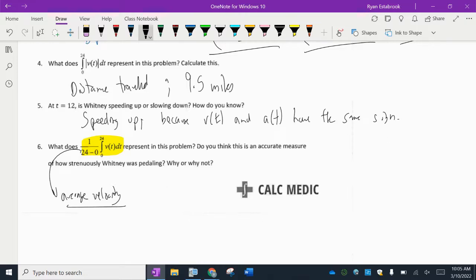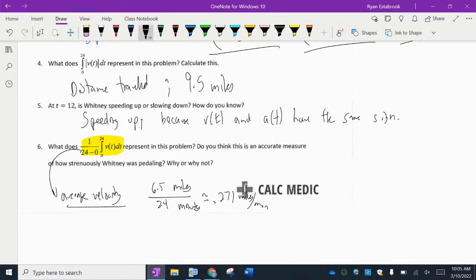And so then if you actually calculate that, it was 6.5 miles divided by 24 minutes. And if you actually divide those, you get 0.271 miles per minute. So it represents her average velocity.